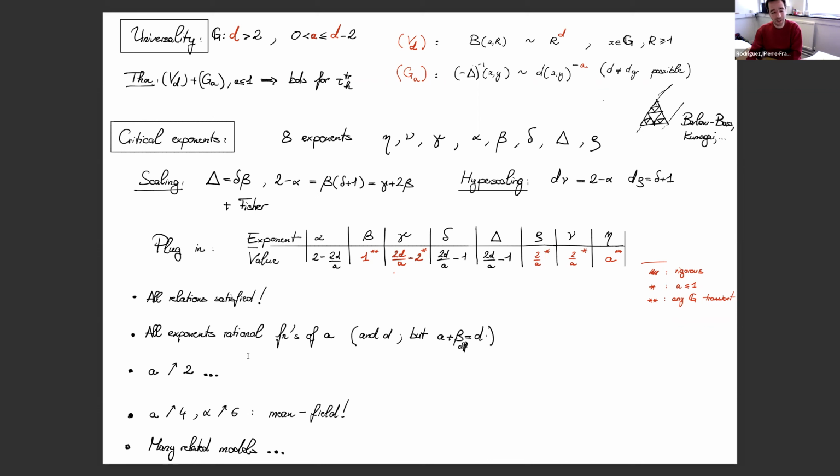I don't know, and beyond A equals 2, I don't have a particularly strong reason to believe that, but a curiosity that is at least noteworthy is that if you push A to 4 and D to 6 in this table, so this corresponds to reaching this presumable upper critical dimension 6, then the value of these exponents actually reach the mean field values.